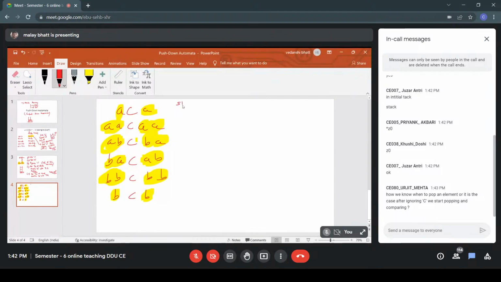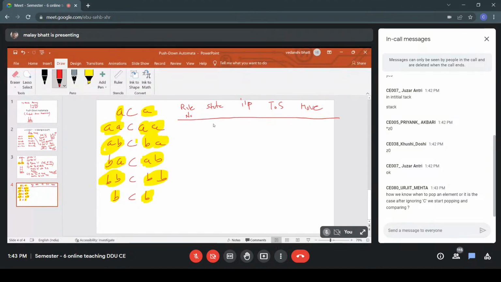So here we have a rule number, a state, an input, a top of the stack, and the move. This is a very important thing. This is our state transition table: we have a rule number, a state, the current input symbol, the top of the stack, and the move which will be performed.